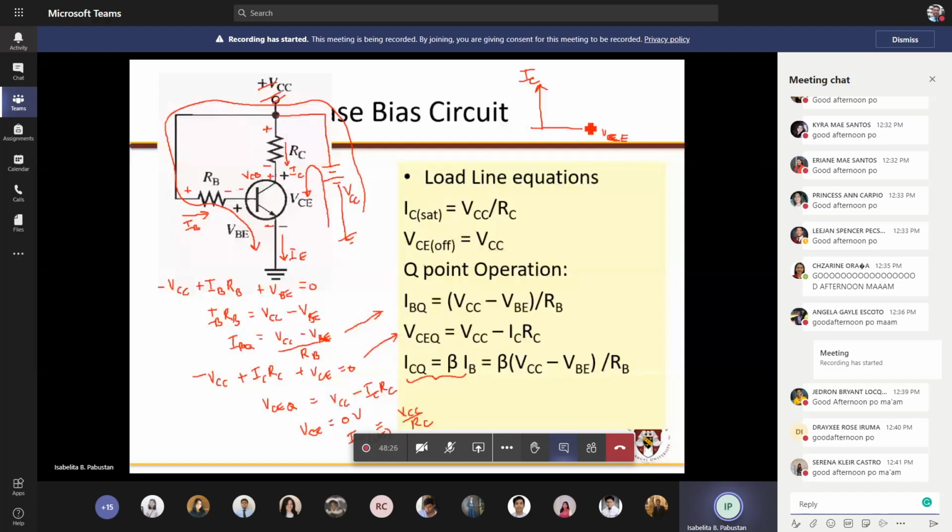Maaalala mo kasi ang output ay itong side na ito. Ito input yung dito sa may base. Ang partner niyan na current and voltage, itong VCE at saka IC. And this is the output characteristic curve, which is the collector characteristic curve.